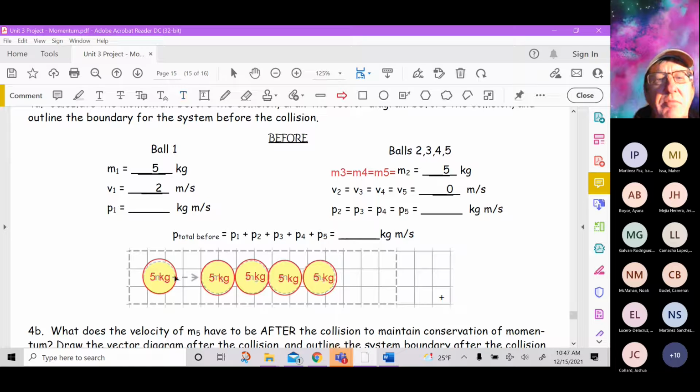We need to show the movement of the first ball. So I'm going to add that arrow. I need to label its velocity. What was that? 2 meters per second. So there's that. I need to draw the boundary of the system that they've shown for us.